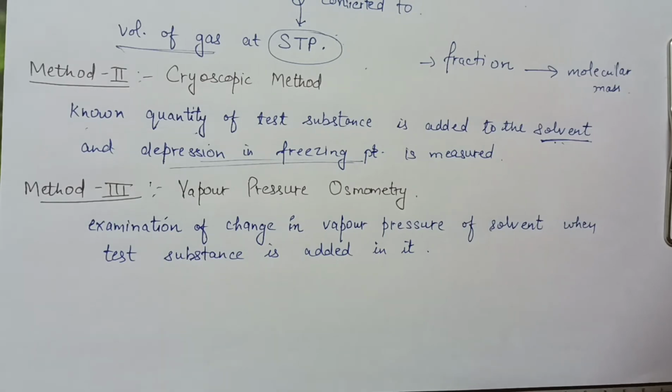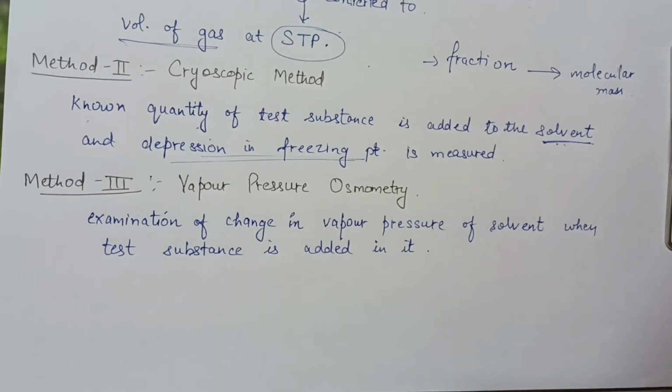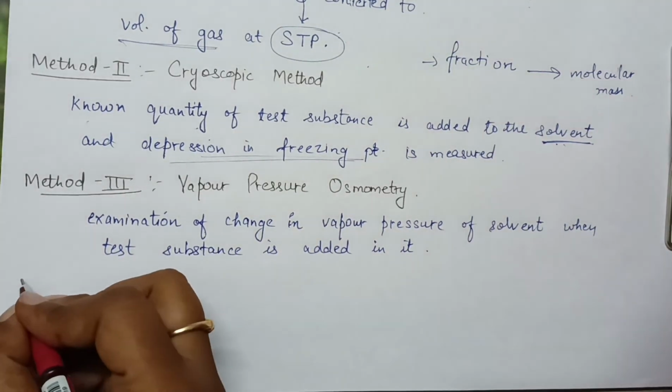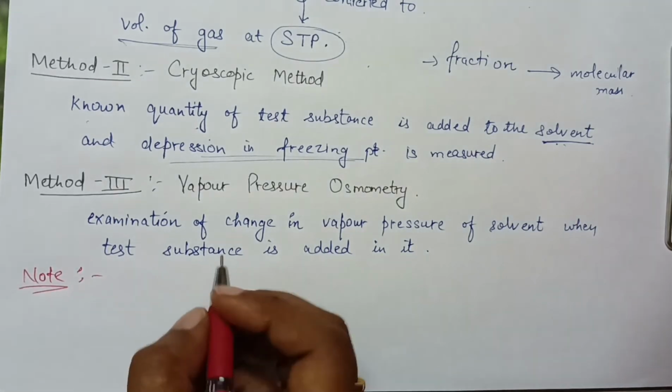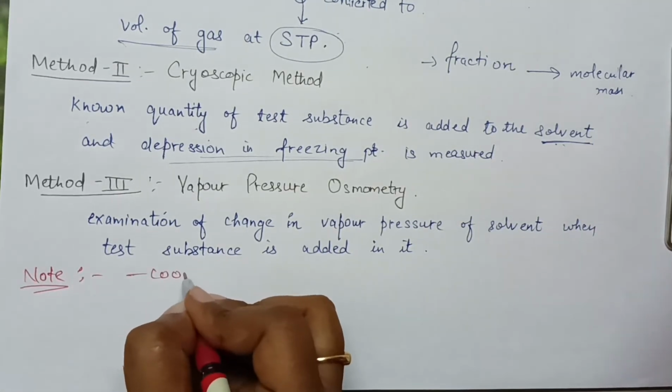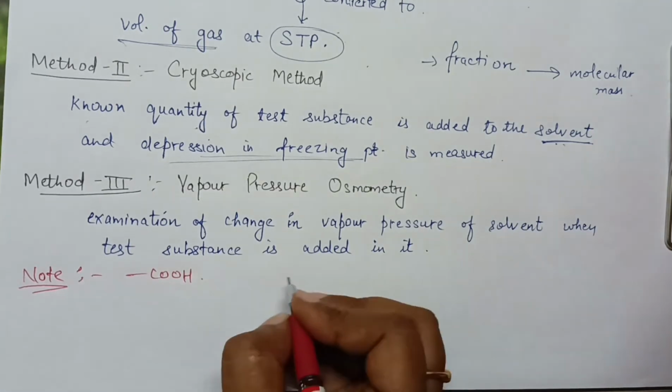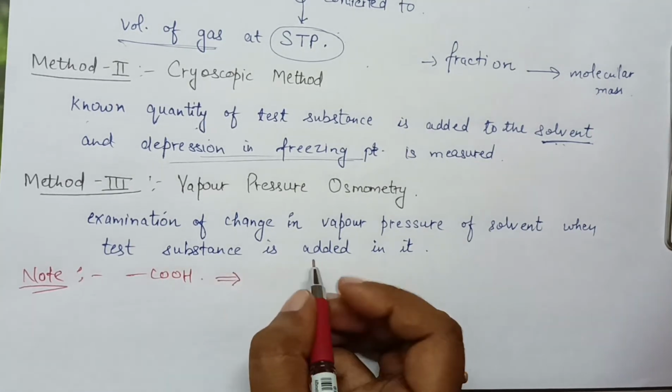So these are the three basic methods which were used initially to find the molecular mass of any unknown substance. But now we have to keep 2-3 points in mind, you can take these as notes. If the unknown substance contains a carboxylic acid, then it may be titrated against NaOH solution.